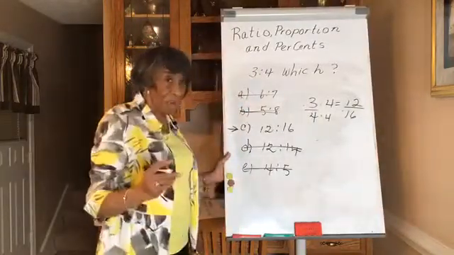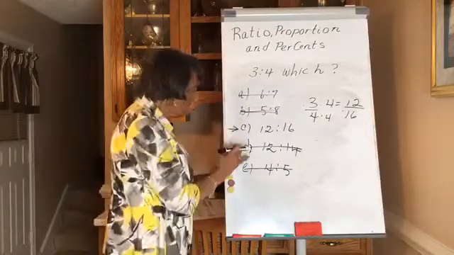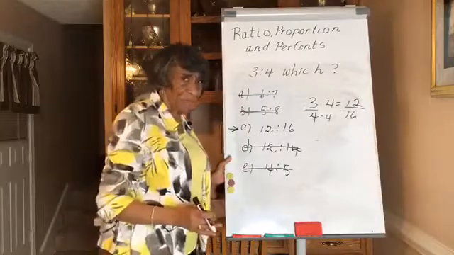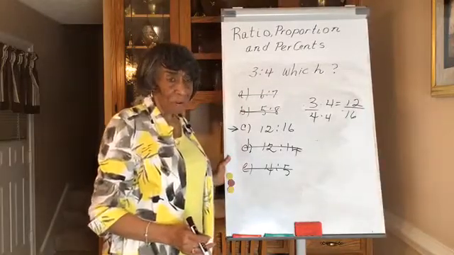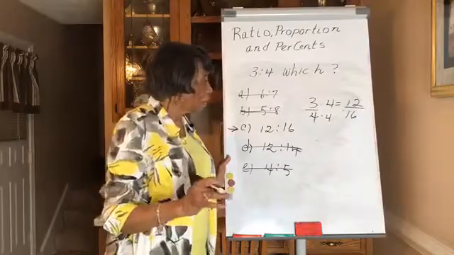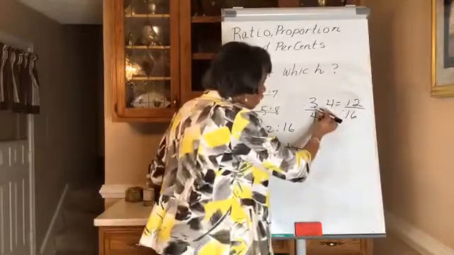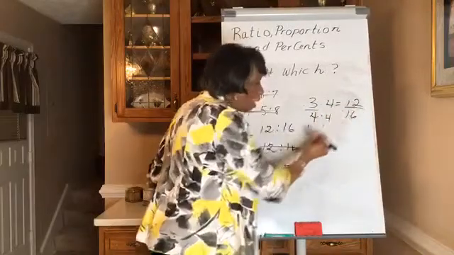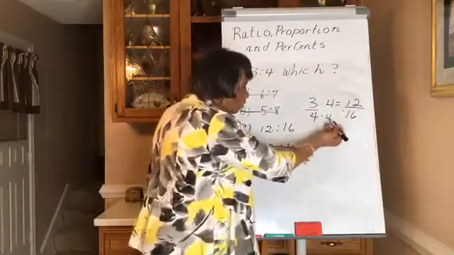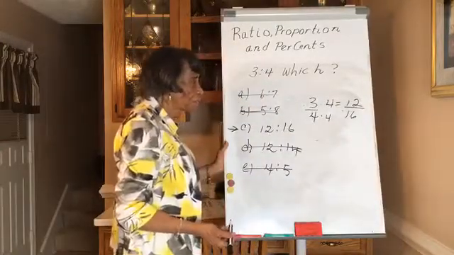So, notice how I approach that. I didn't stop because I found one answer, because sometimes there's more than one answer. So always check. When I say multiple, that means that something times 3 gives me 12, and something times 4 gives me 16. Multiples.